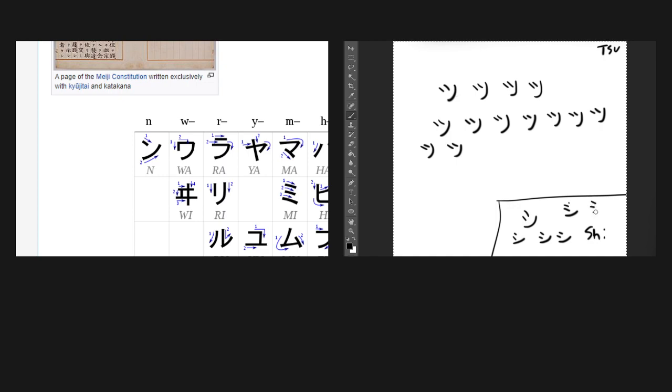She. Tsu. Again, you might want to practice 20 of each back and forth until you can start to have good handwriting, because I don't.